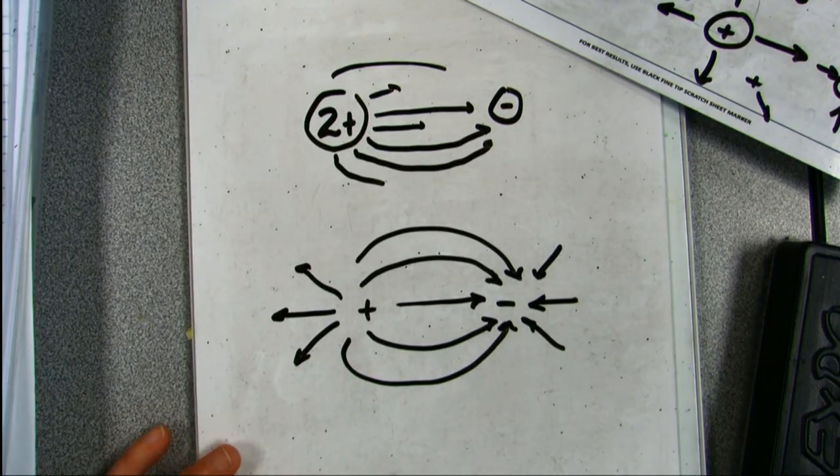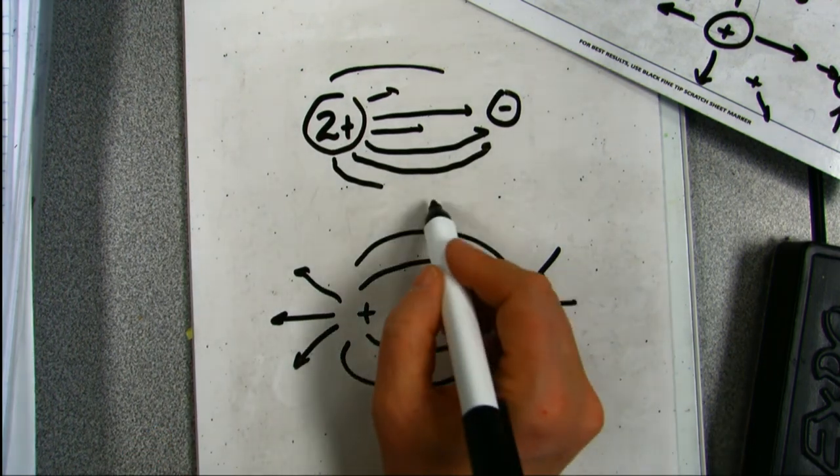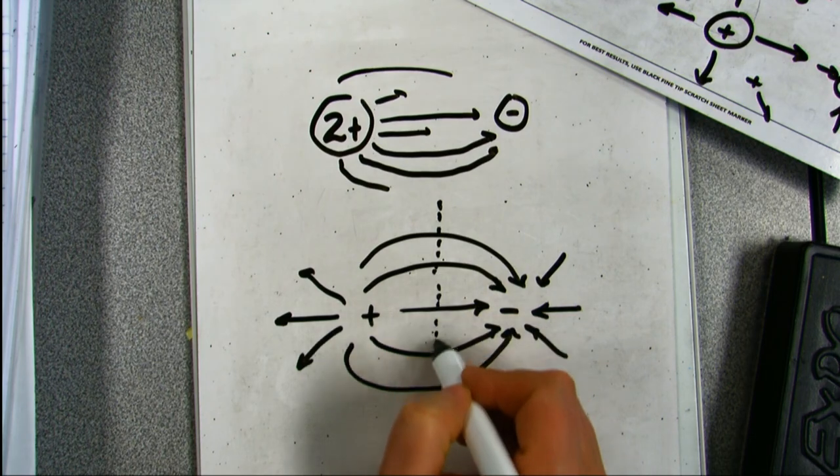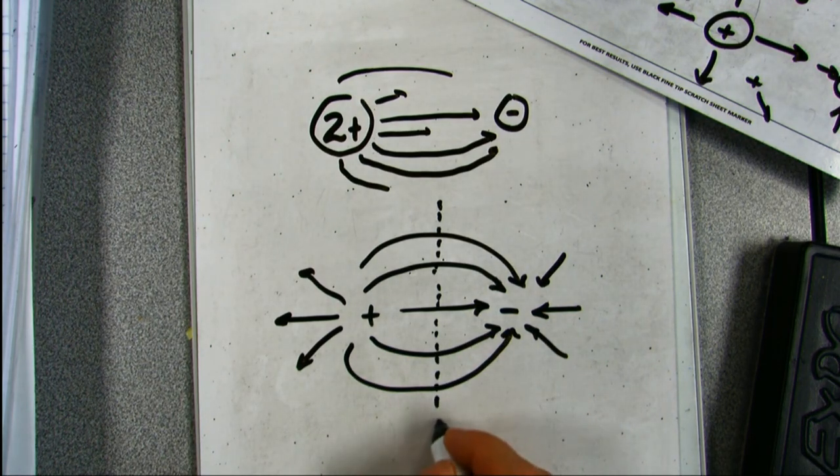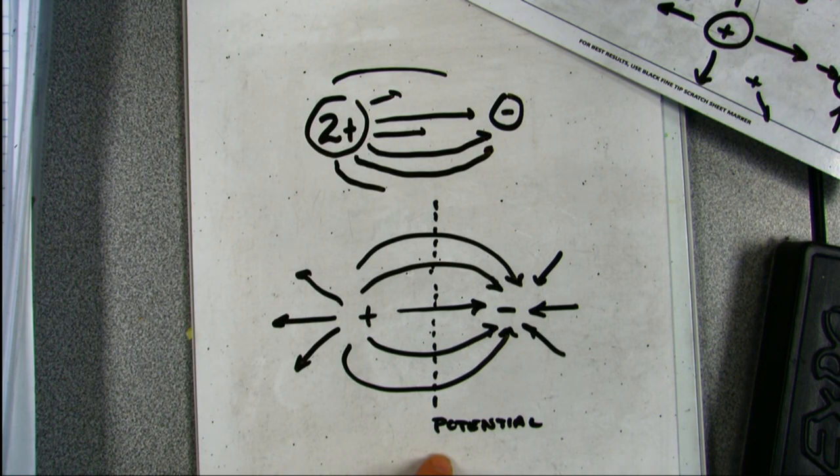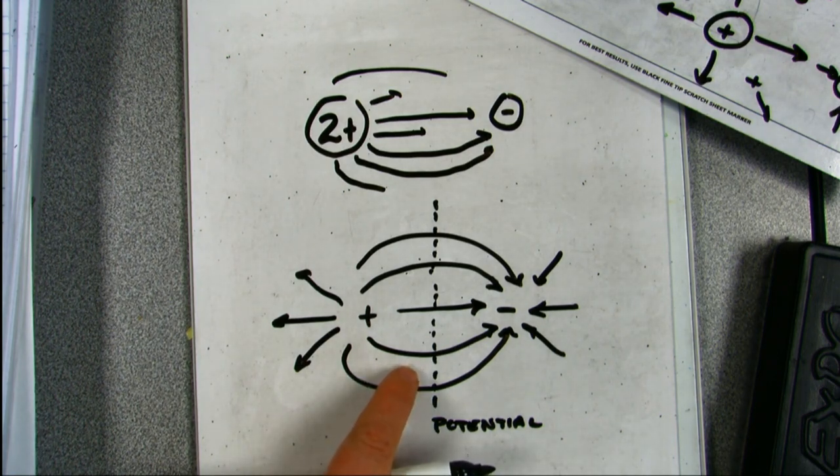So I can actually draw lines. And if I want something, we also talk about something that's perpendicular, and this is our potential lines, because we're going to talk about potential, like potential energy. But if I'm doing my lab where I'm mapping the electric field, what I'm actually mapping are lines of equal potential, and my electric field lines are perpendicular. I'm going to infer where my electric field lines are based on where I measure as equal potential lines.